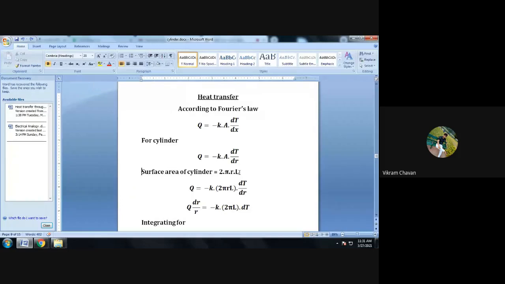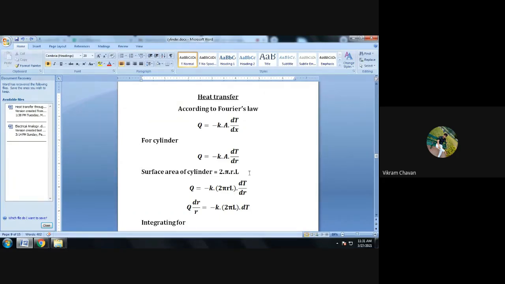You can write the surface area of the cylinder as 2 pi r l, or pi d l also.